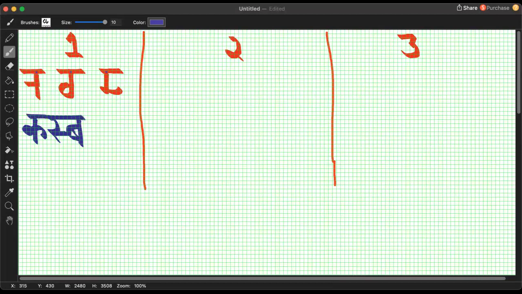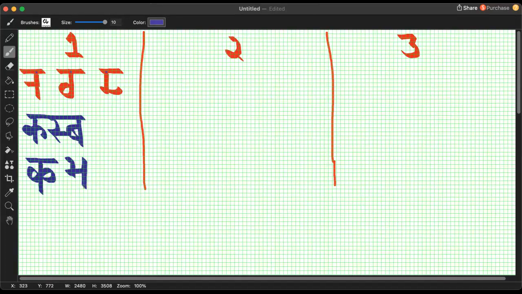If you're writing this word Kasba in Sharada, so K will be the full alphabet. When you're writing Sba, first you get to hear Sa, right? So I'll first write Sa, and B is the sounding next.